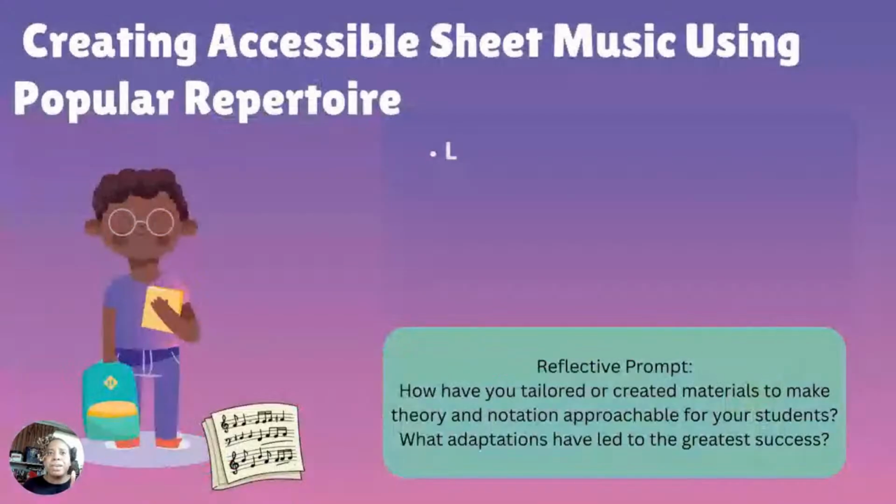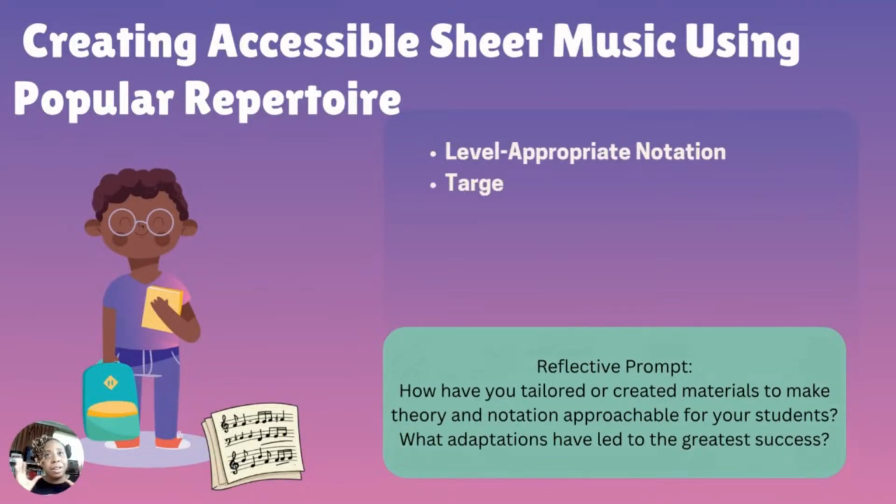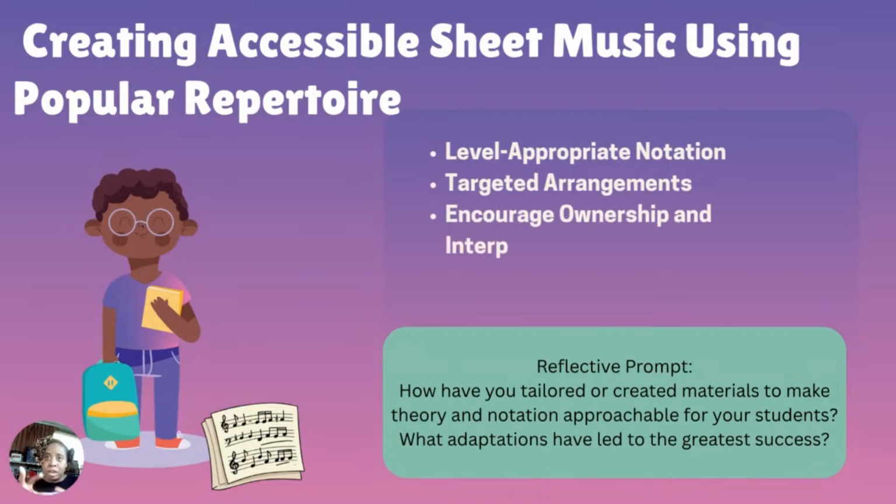We want to make it fit the concept. Once the concepts are chosen, you want to adapt or develop sheet music that fits your learner's ability. So you create the sheet music yourself. You can use a program like MuseScore. You can use Flat.